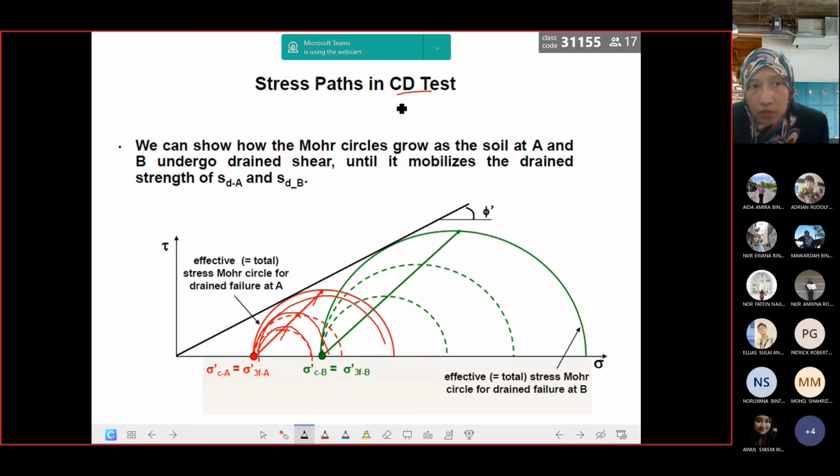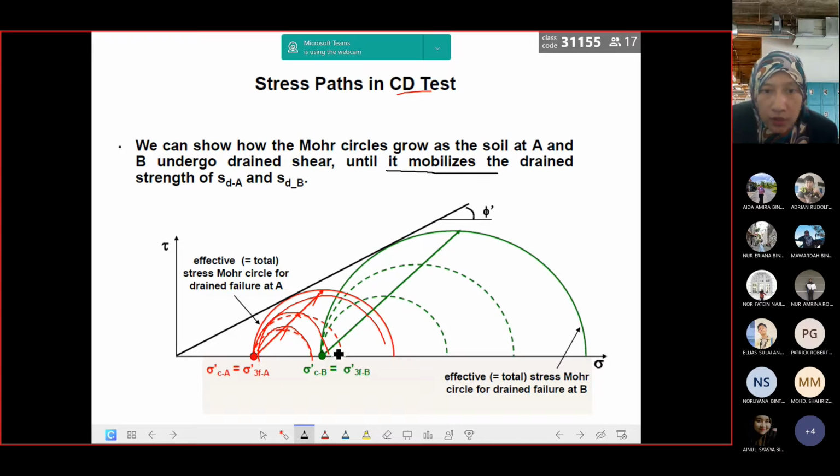During the first stage, you apply consolidation ataupun you constantkan sigma 3, and after you kenakan shearing di mana axial stress increase or the deviator stress increase. So the important part is that in the drained condition, this is where you allow the drainage to occur in the slow rate of straining, and it is mobilized the drained strength from SDA and SDB.